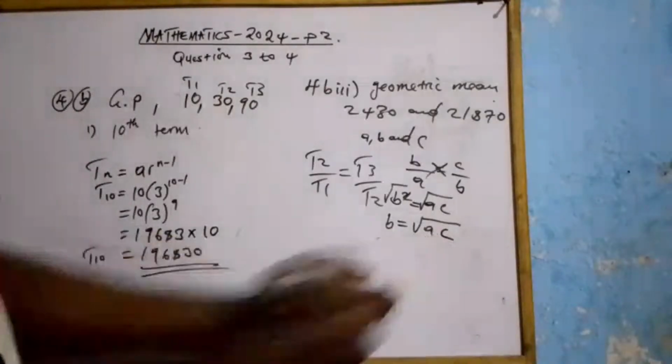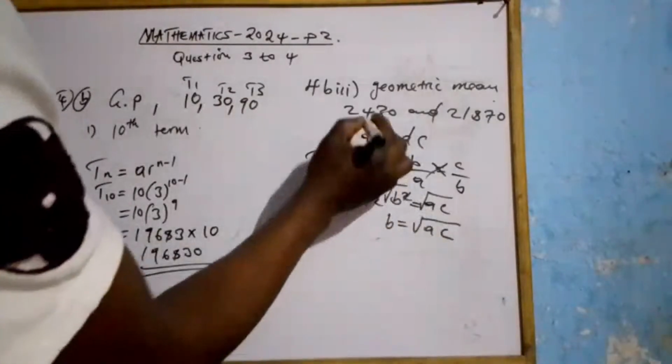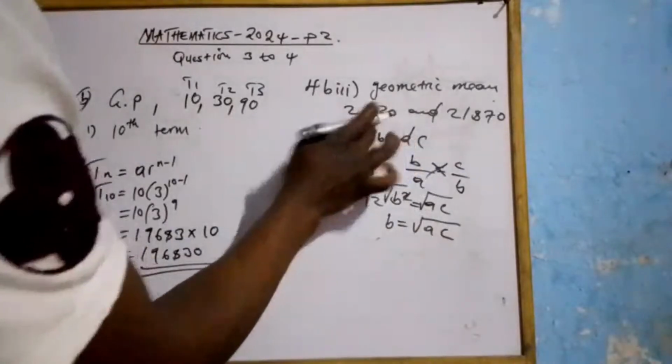So from this, A and C are these numbers.